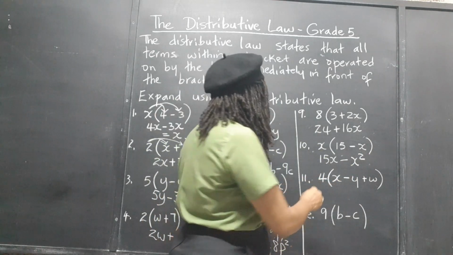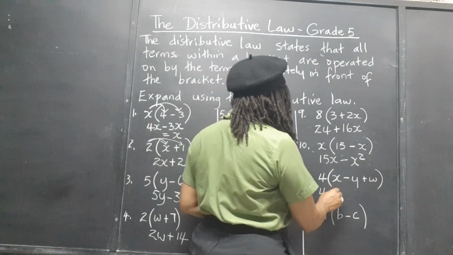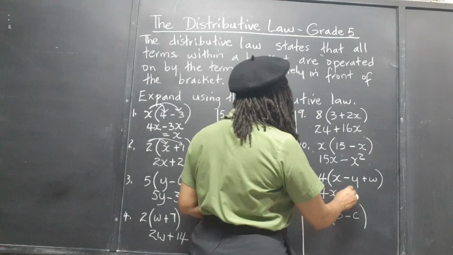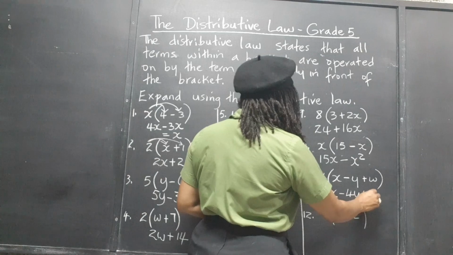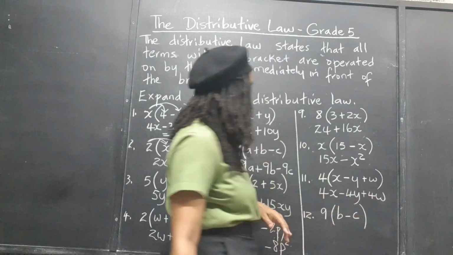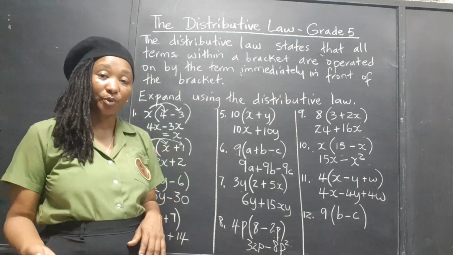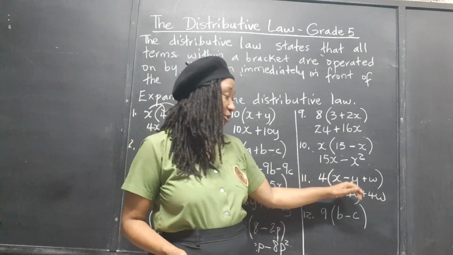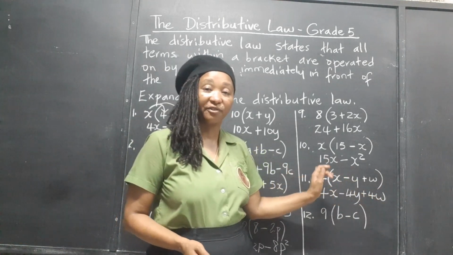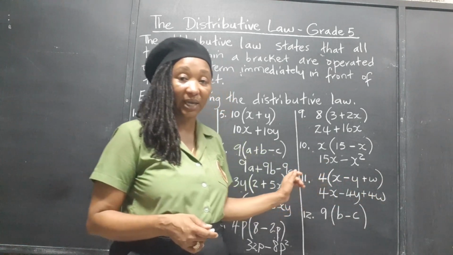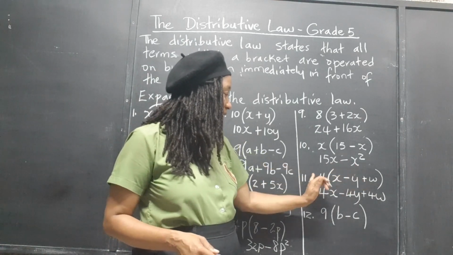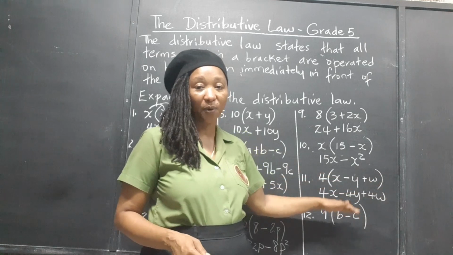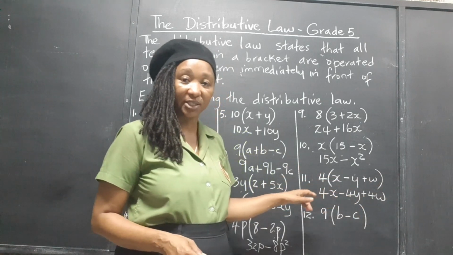4 times x, that's 4x. 4 times y is 4y. And 4 times w is 4w. So we distributed the 4 among the 3 terms in the bracket. Because the 4 is immediately in front of the bracket, we expand it: 4 times x, 4 times y, 4 times w, and we keep our signs because it's a positive 4.